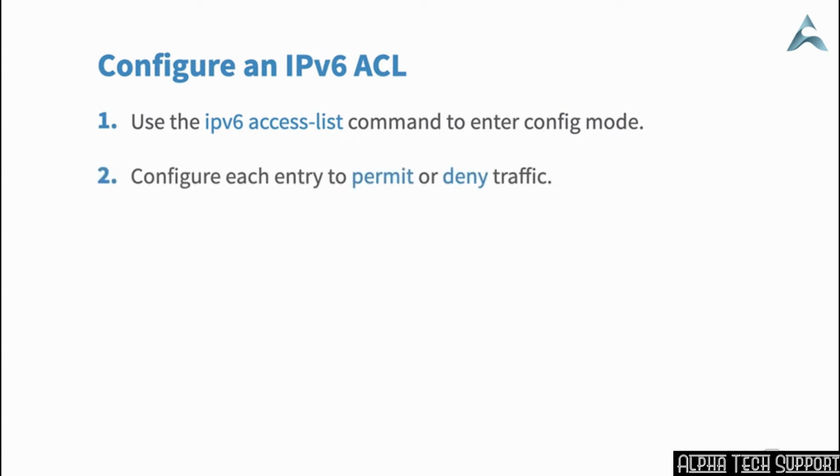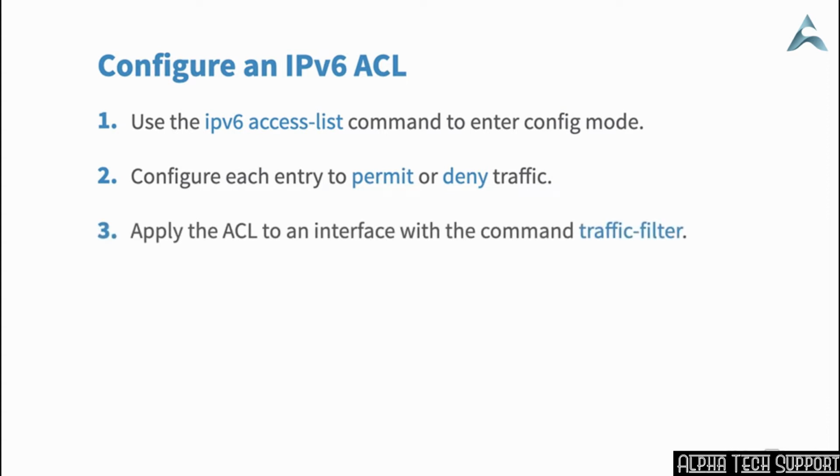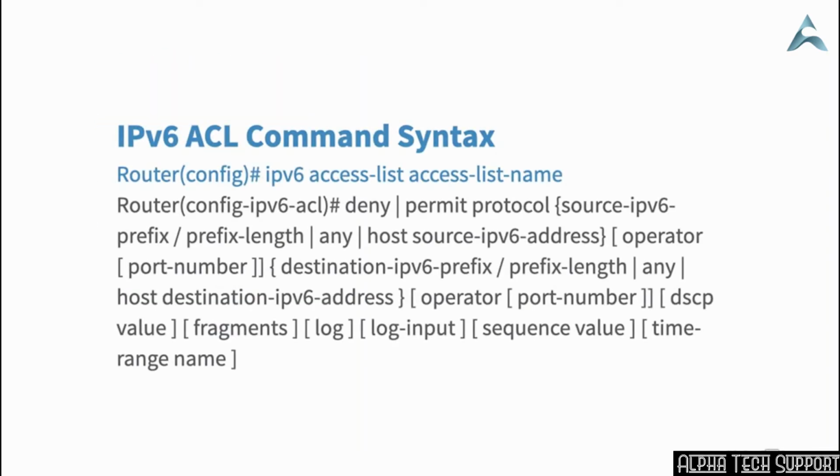Next, you'll use the appropriate syntax to configure each access list entry to specifically permit or deny traffic. And then finally, you will apply that IP version 6 access control list to an interface using the IP version 6 traffic filter command. Now, here's an example of the syntax.